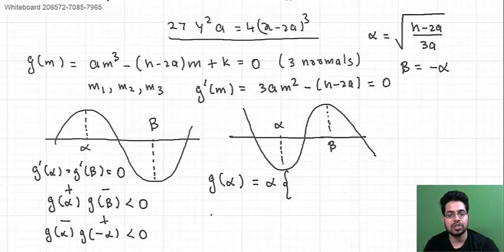So here it should be alpha cube, so it would be only alpha square. Fine. And here it should be alpha, but since I have taken alpha common, here I would be left with only h minus 2a, and obviously plus k over here.